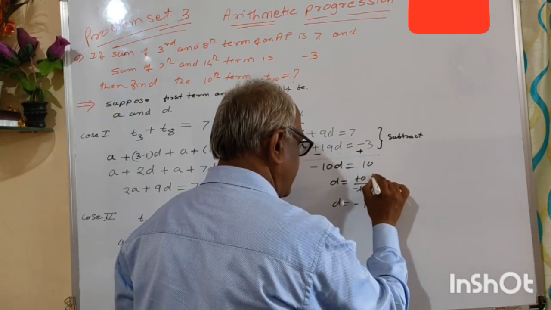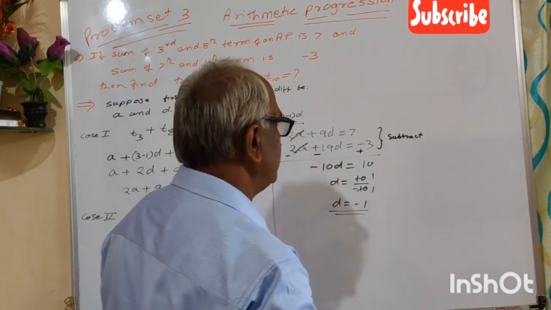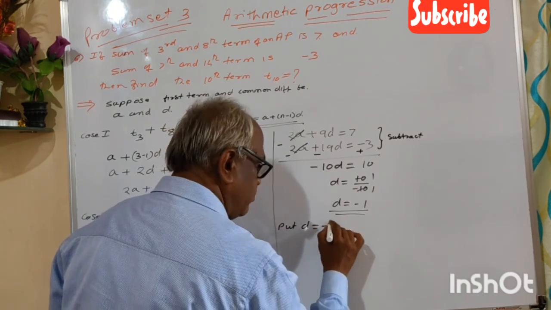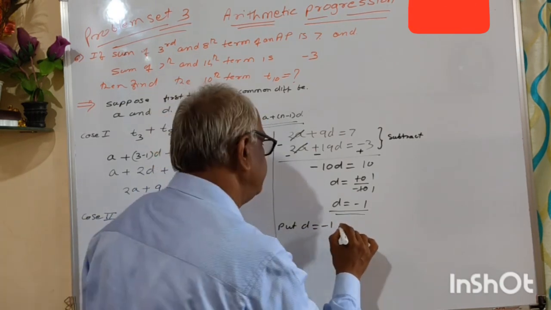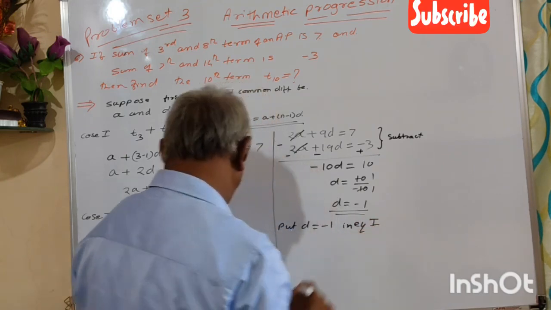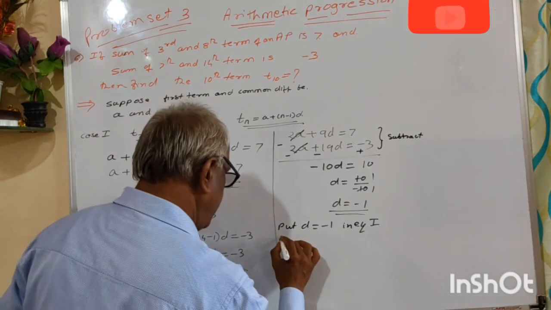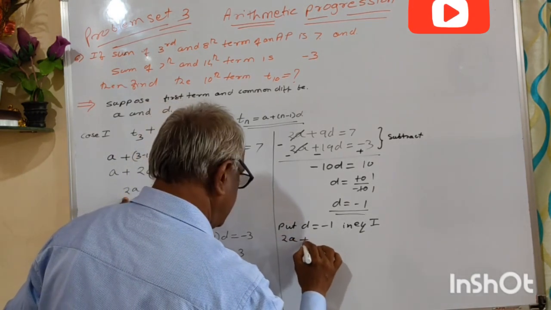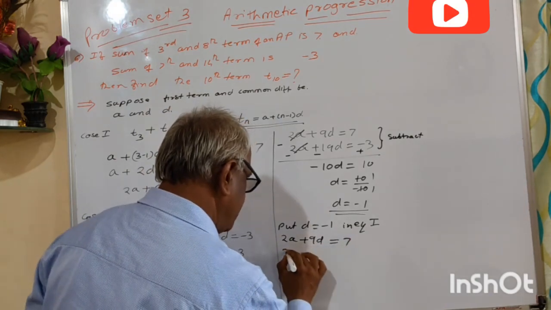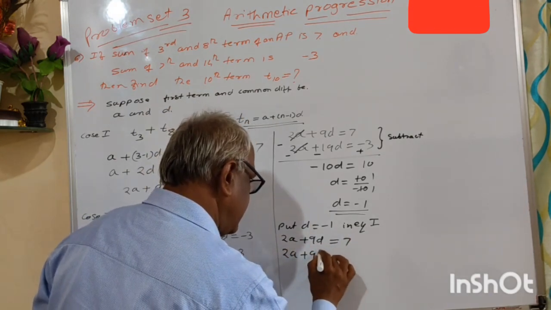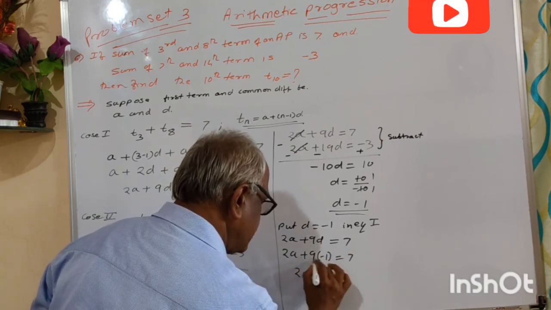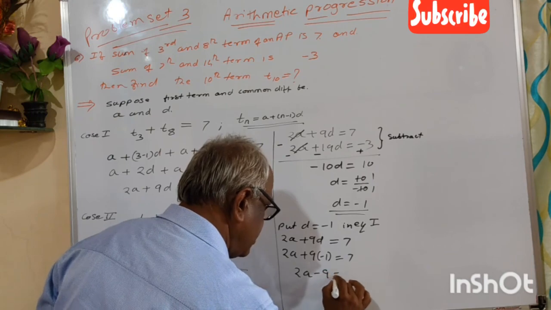D is equal to minus 1 we got. Now put D is equal to minus 1 in equation 1. Equation 1 is 2A plus 9D is equal to 7. 2A plus 9 into minus 1 is equal to 7. 2A plus minus 9 is equal to 7.